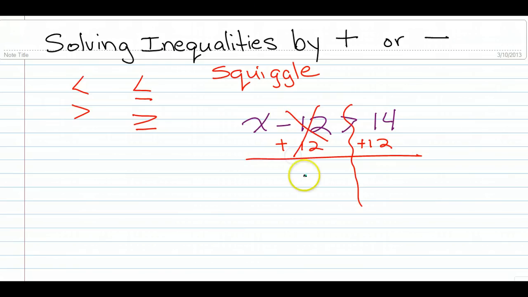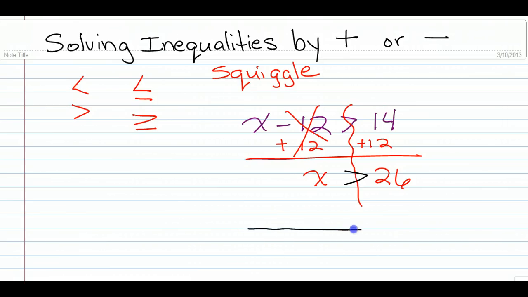This goes away. And x, now here's the tricky part, don't forget, it is not an equal sign. X is less than 26. Exactly the same, just using the inequality sign.